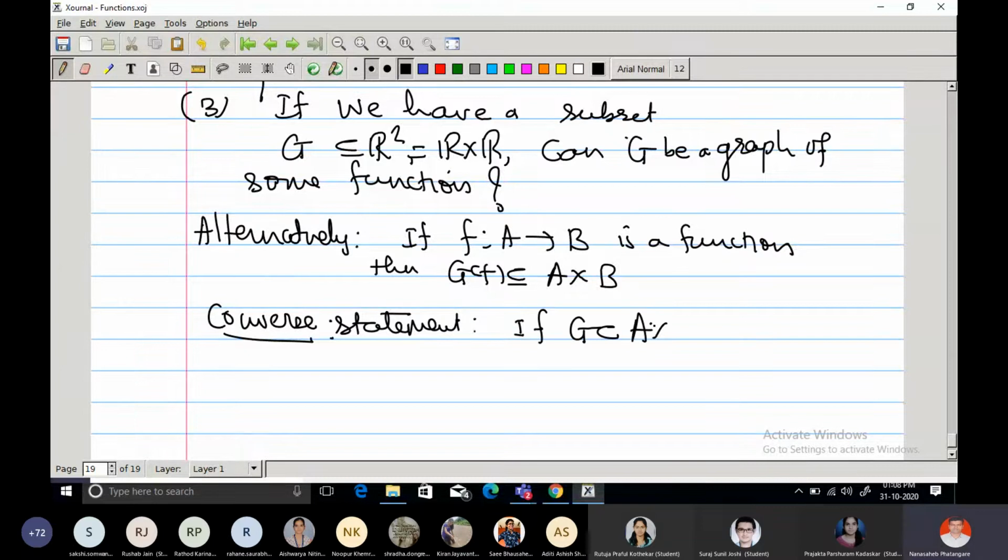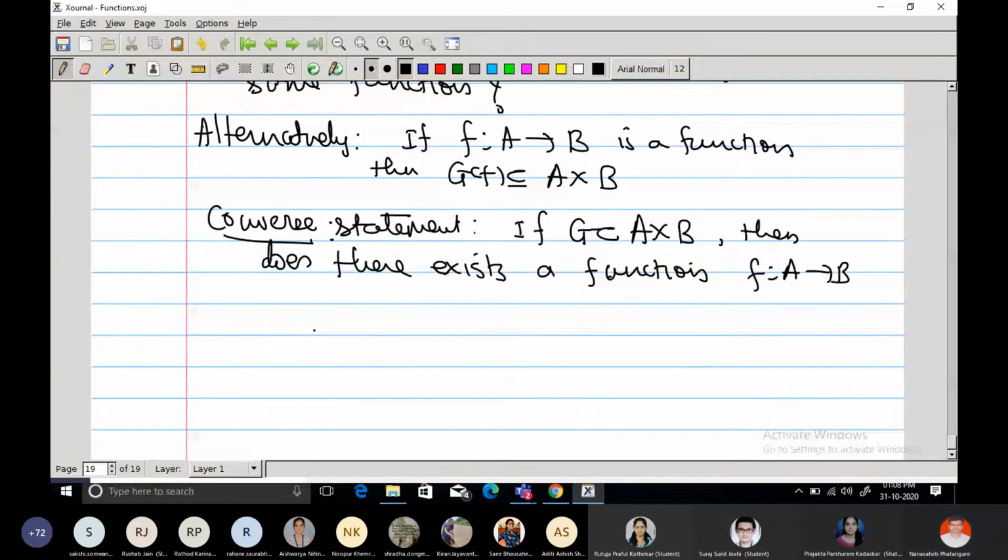If G is a subset of A cross B, then does there exist a function f from A to B such that the graph of f is G? Now is the question clear?